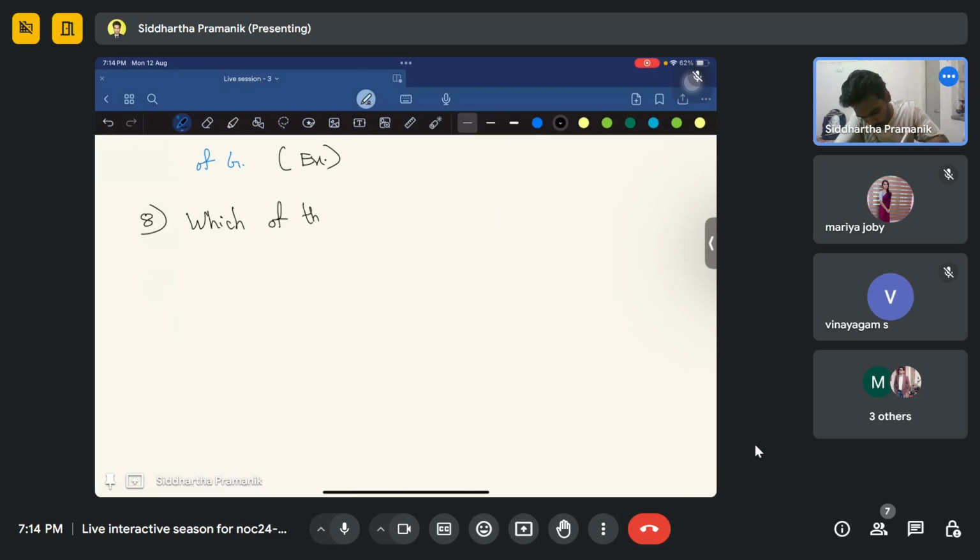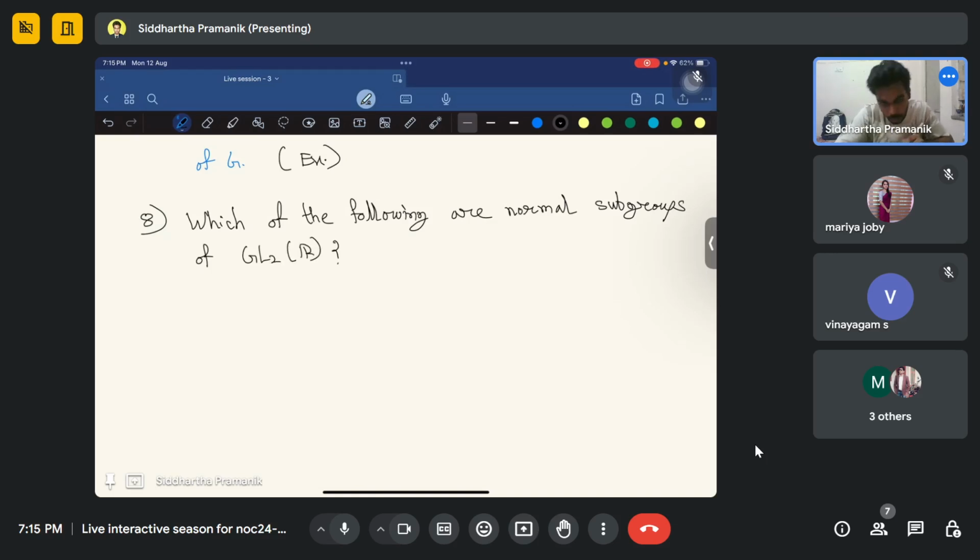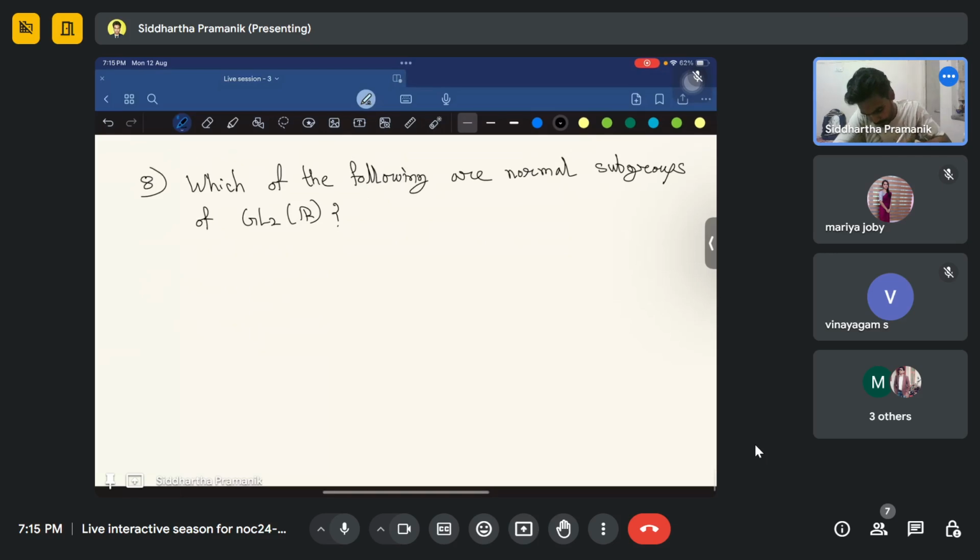Which of the following are normal subgroups of the group GL2R? Okay, so let me write down the sets.